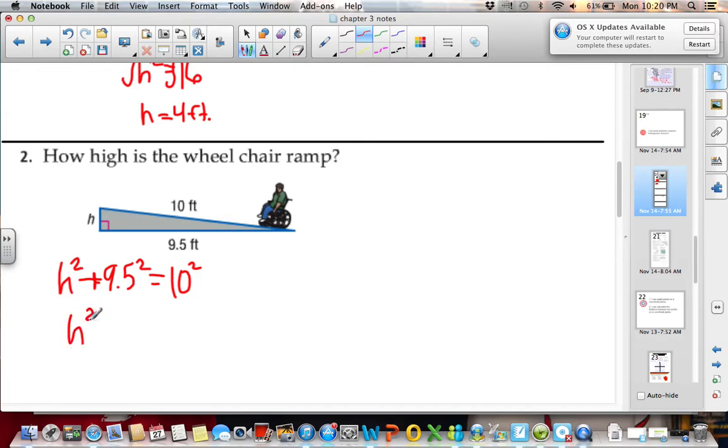I have h squared plus 9.5 squared equals 10 squared, so 90.25 plus h squared equals 100.